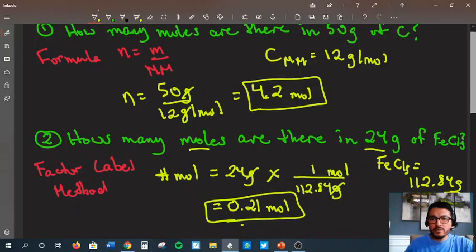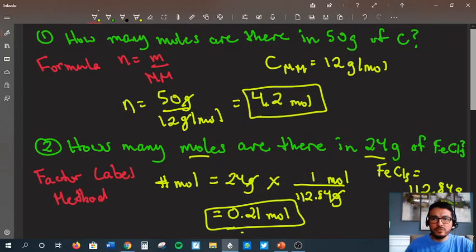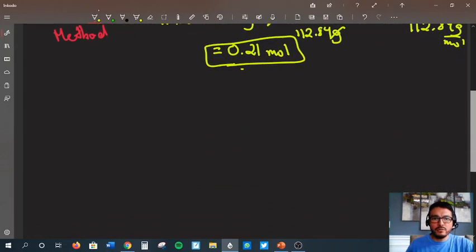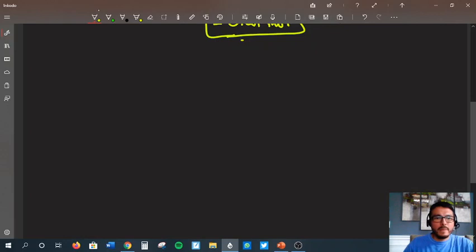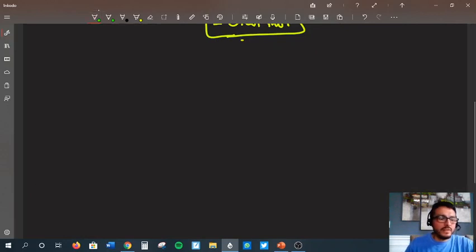I'm going to take a picture, screenshot, go back, rewind. Last question though. We're going to use the Factorlabel method again. Here's the last question. Again, feel free to take a break, pause.